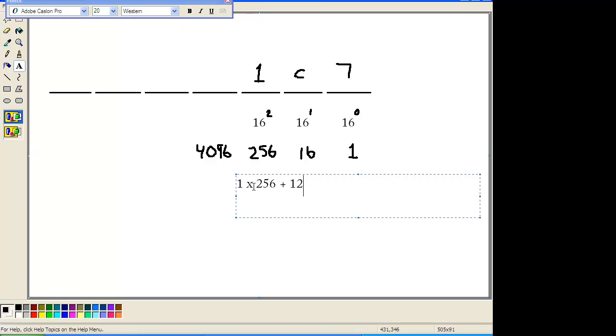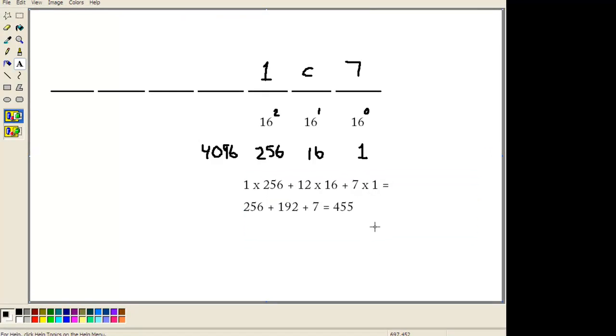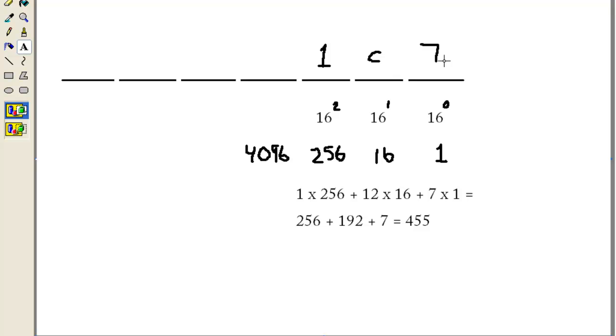So it's 12 times 16 plus 7 times 1. Okay, so what we get there is 256 plus 12 times 16, which is 192, plus 7. Okay, so that's going to be 455. So this number 1C7 is equivalent to 455 in base 10.